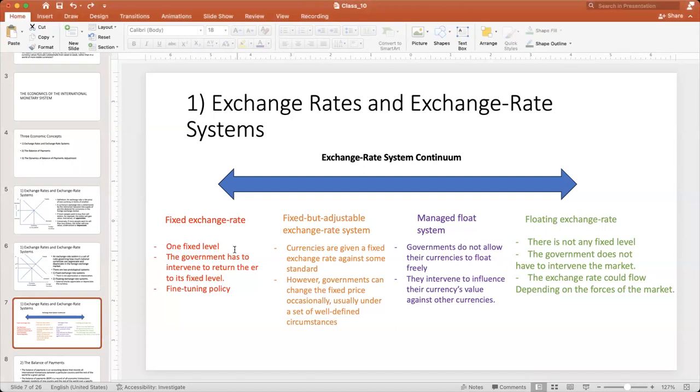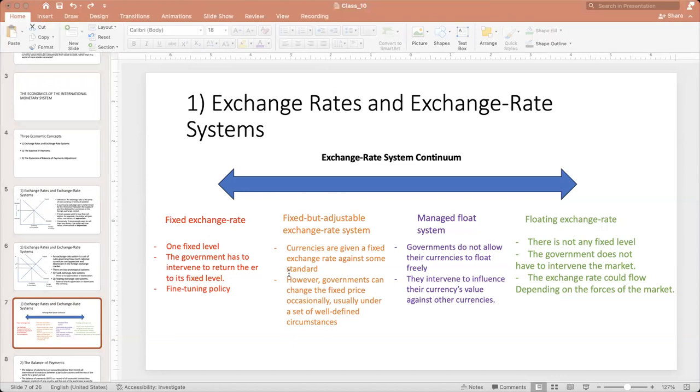So basically, it's kind of the same, but with the possibility for the monetary authority to change the peg, to change the fixed level, in order to adjust that fixed level to follow or be based on the economic structure and the economic conditions of your country.